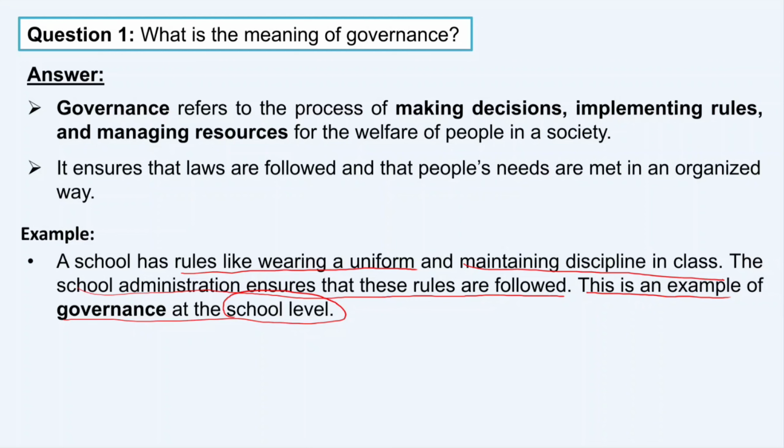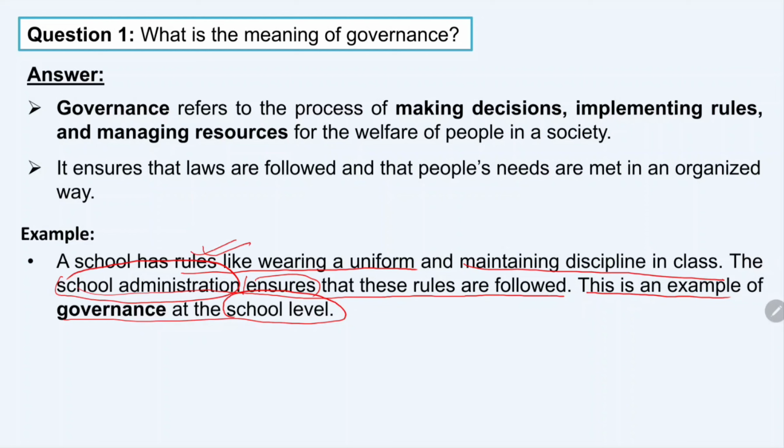Because a fixed percentage is needed, for example 75% attendance is needed in order to appear for the exam. So those are all rules which have been set by the school, and the school administration again ensures that these rules are properly followed or not.